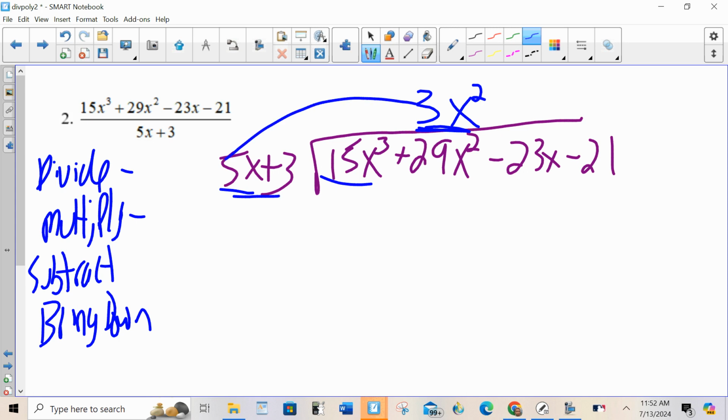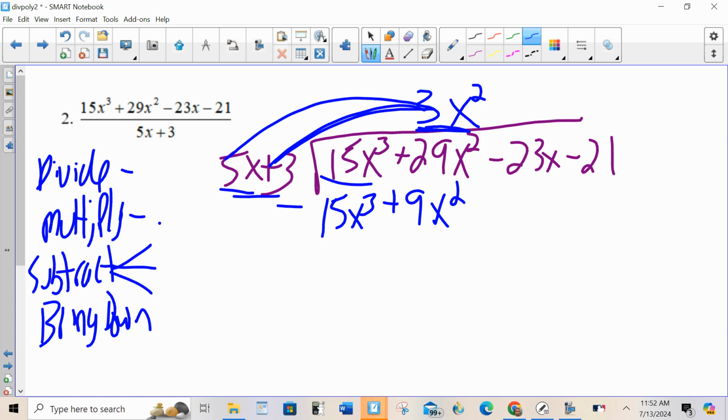You're going to have to distribute. So it's 15x to the third. 3x squared and 3 is 9x squared. Subtract. Now when I subtract polynomials, keep, change, or distribute the negative.